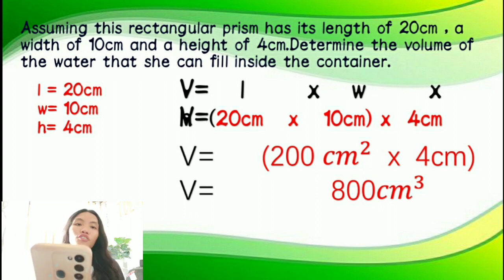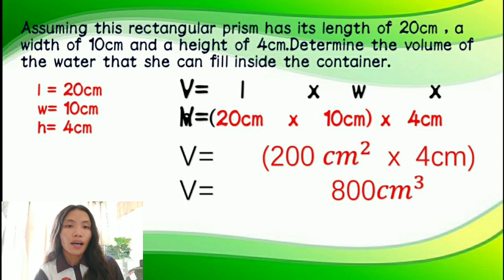It's because the 200 centimeters squared is multiplied by 4 cm, which counts as 1. So add 2 plus 1, and it becomes 3. That's why it became cubed.